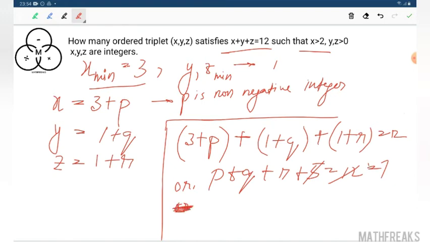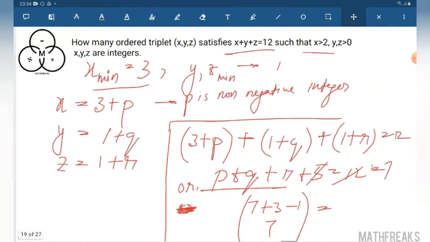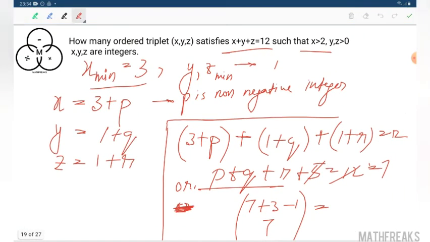So the number of ordered pairs: we are having 3 things, so 7 plus 3 minus 1, choose 7, that is 9 choose 7. 9 factorial over 7 factorial times 2 factorial.